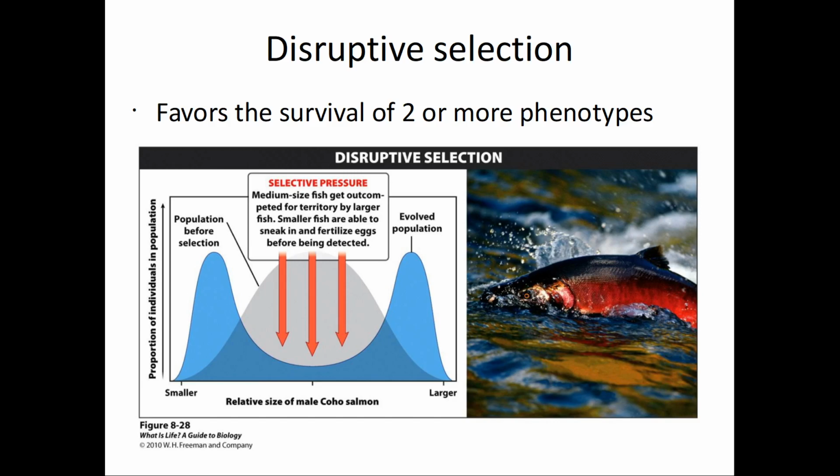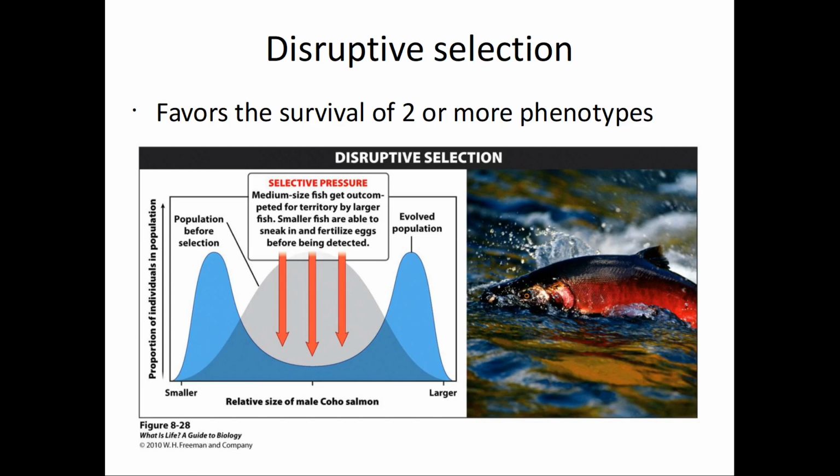It could be that a larger salmon is better able to swim upstream and mate, and it has a chance of winning over female salmon and spawning. But it could also be that smaller salmon, because they are smaller, are able to get upstream with less energy, and they're also able to mate as well.